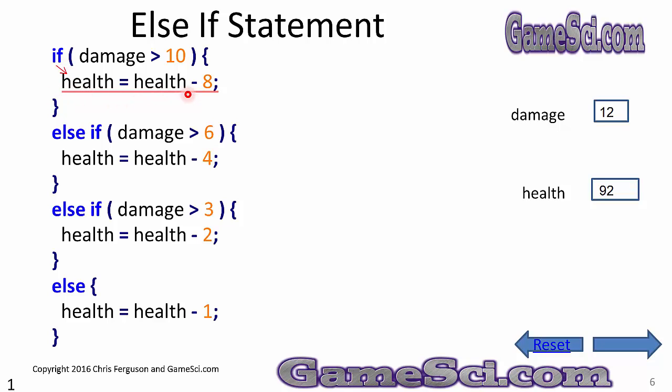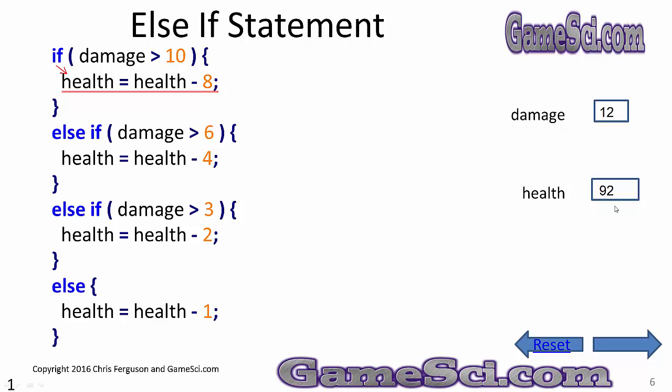So we'll do health equals health minus 8 because we received high damage. We're going to subtract a lot from the health points. And our 100 in the health variable just shrunk to 92. Take a lot of damage in a video game, you expect your health variable to go down. And that's what it did.